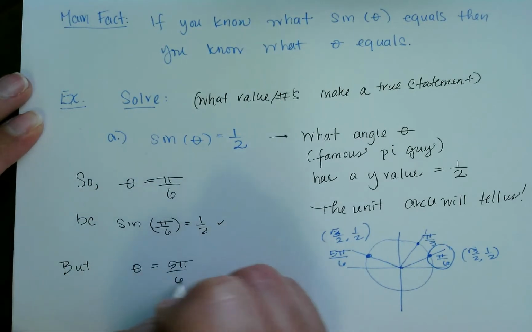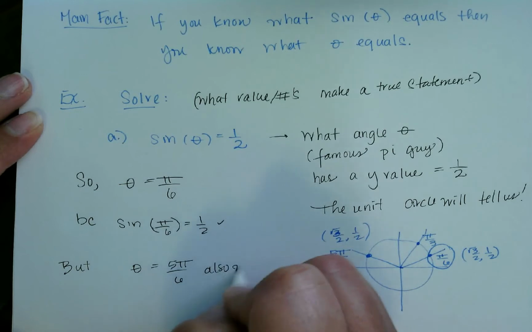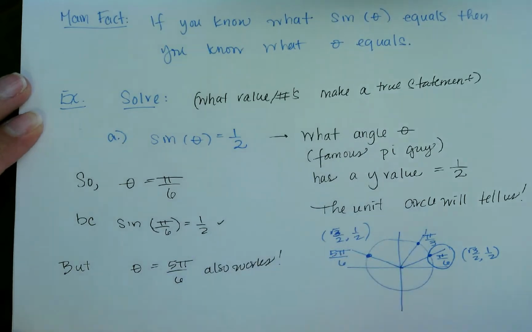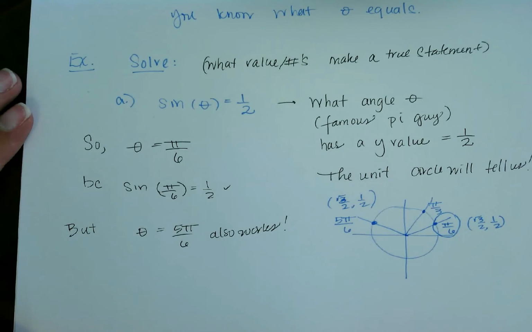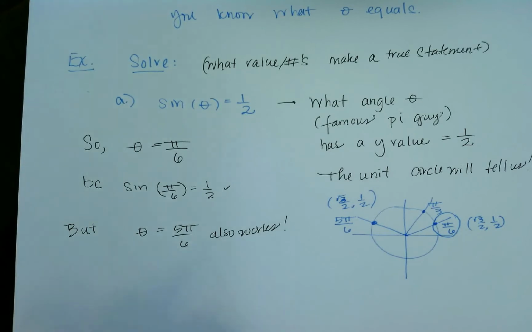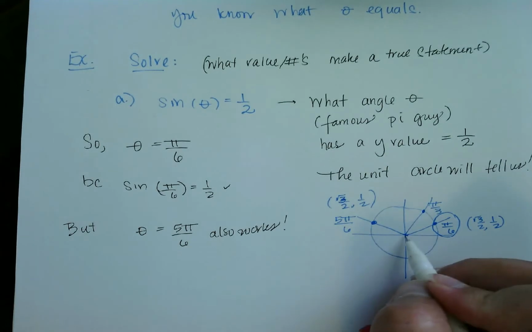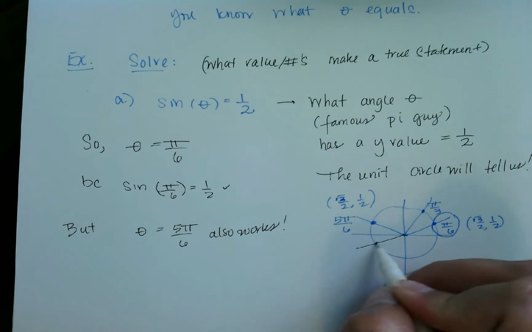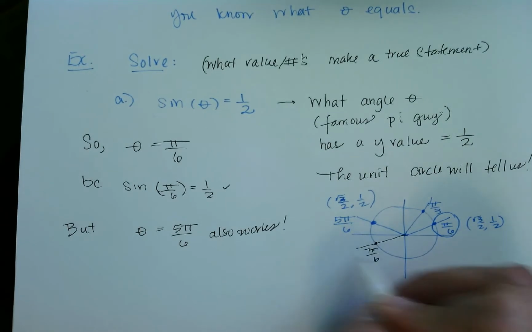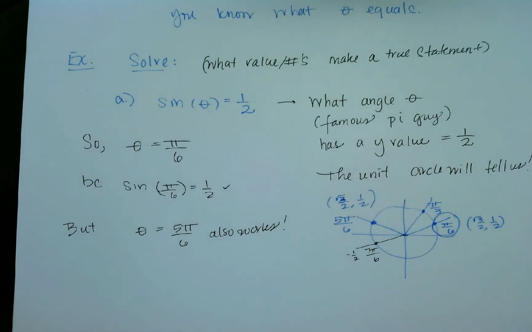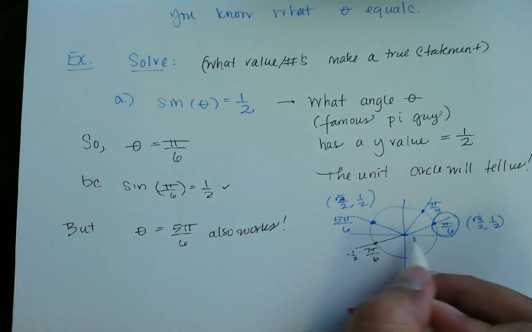Okay. So there's two solutions. What about this guy down here? This pi over 6 guy. 7 pi over 6. Nope, that's negative 1/2, so that doesn't work. Same thing with this pi over 6. That's negative 1/2. So that guy doesn't work.